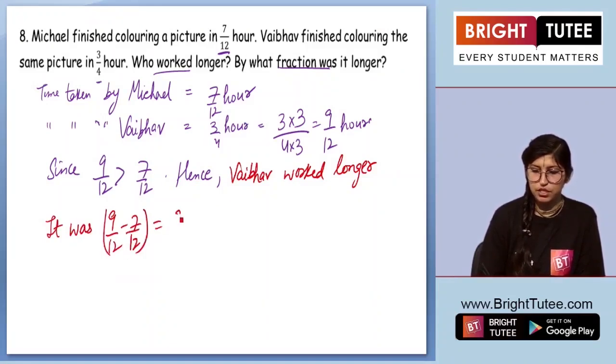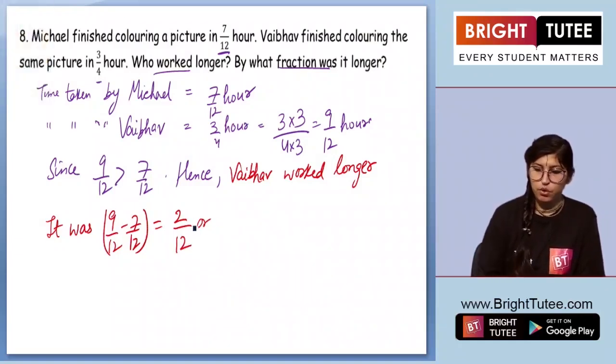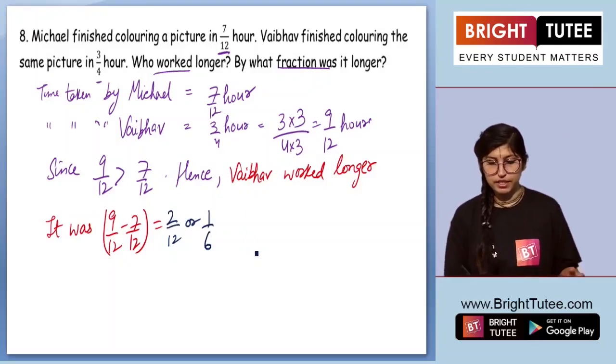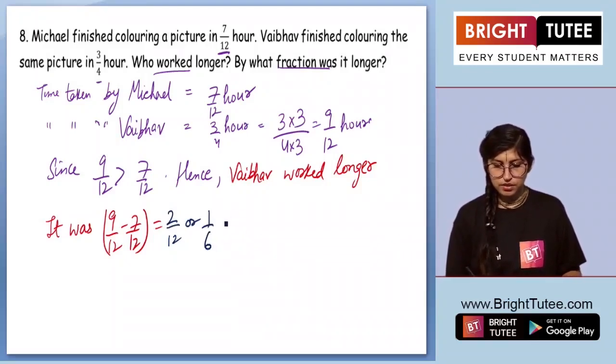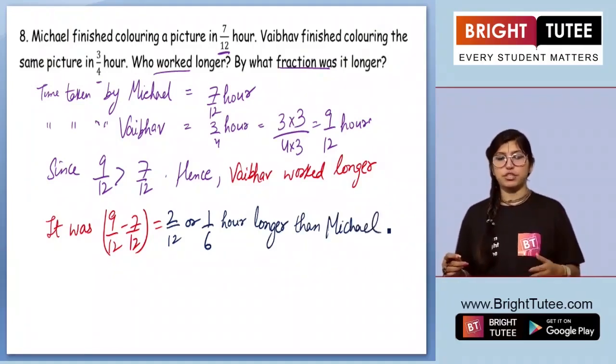We will be getting 2 by 12, or after cancelling it out we can get 1 by 6. So we can write either 2 by 12 or 1 by 6. It was 1 by 6 longer than Michael. So we've answered both the parts.